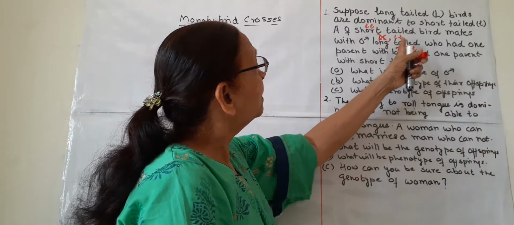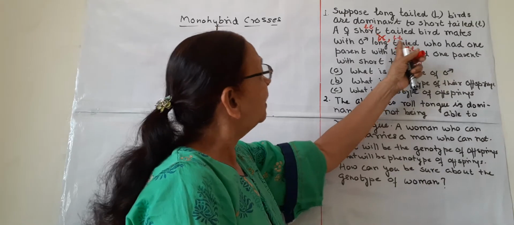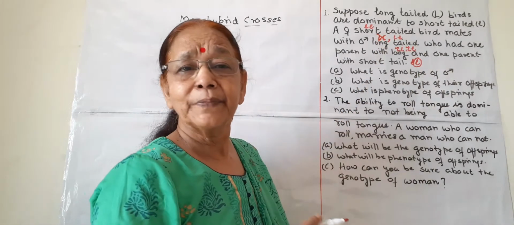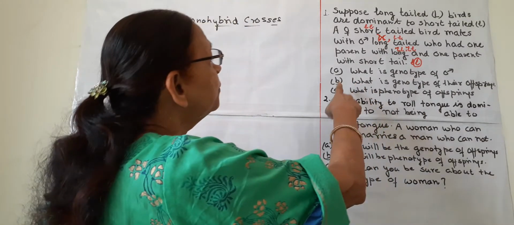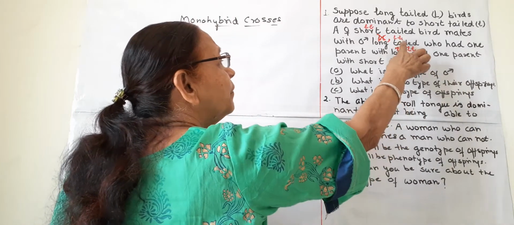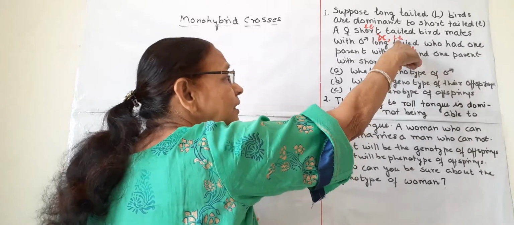So the genotype of this male should be capital L, small l, and not LL. Is it clear to all of you? Now we have to find out the genotype of the male. So we have found the genotype of the male is Ll.